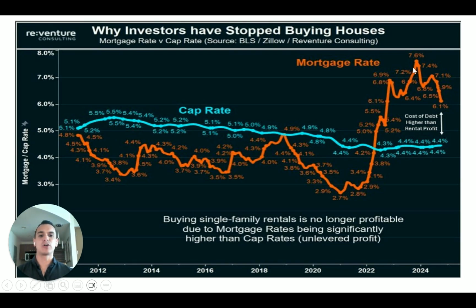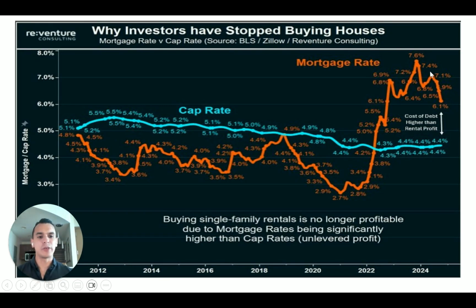But the expectation was once it's under control, they're then going to cut interest rates. So people that were buying in this period, the past few years, were effectively saying, I'm going to swallow this negative cash flow situation.